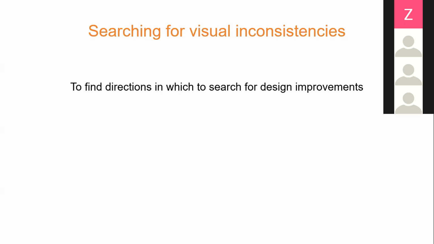Now, one very basic method that usually one starts with, and this is specifically for products that are already existing, and the sponsor requires the design team to improve upon that existing design. So that is why, to find directions in which to search for design improvements.